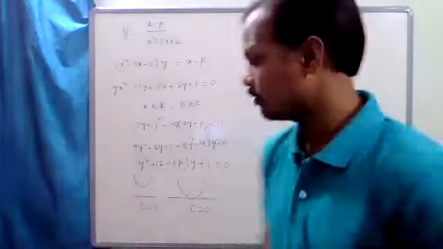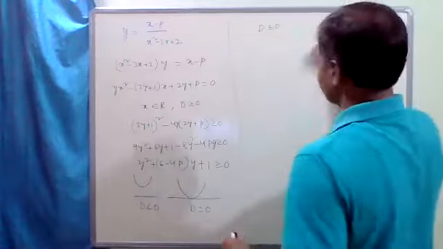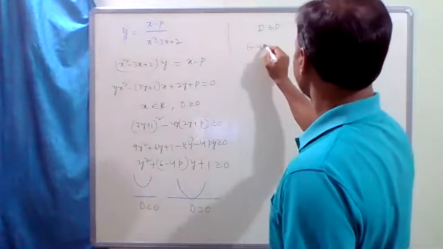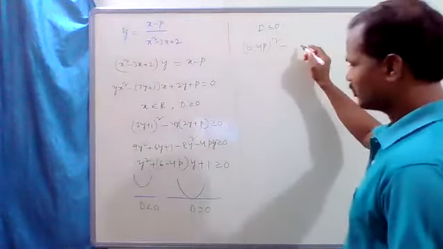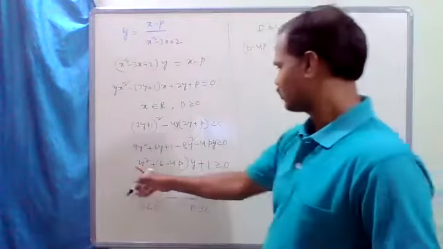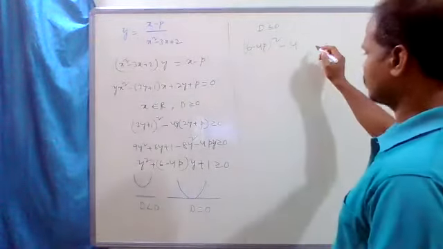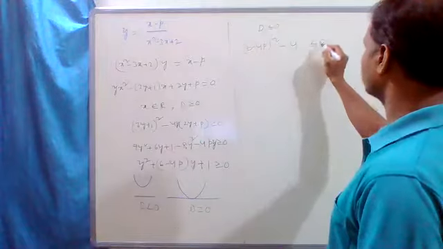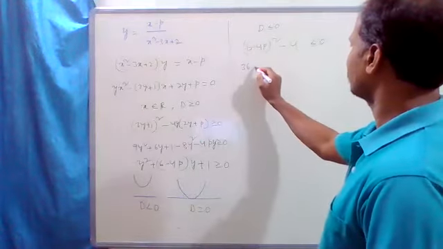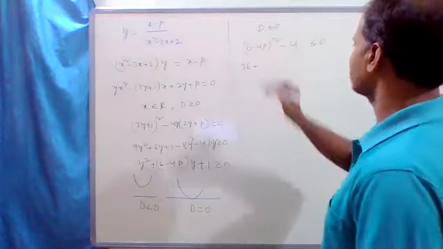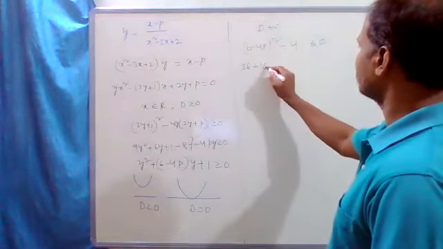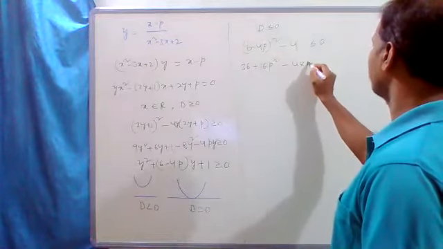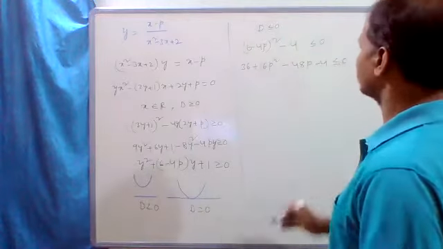And now, (2) square minus 4 into 9 into (1 minus 4p), b square minus 4ac, is less than or equal to 0. So this is 4 plus 144p minus 36 is less than or equal to 0, that is 16p square minus 48p minus 4 is less than or equal to 0.